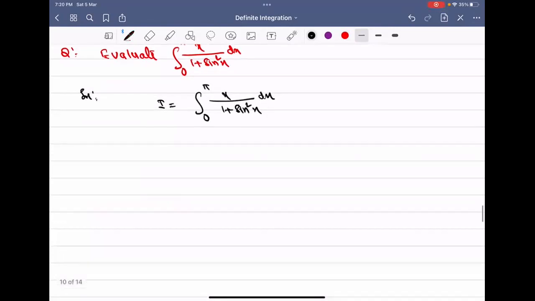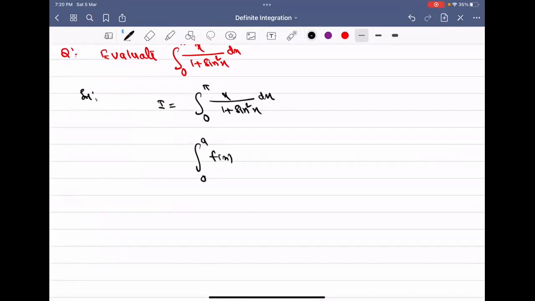Now again here also use this result, integration of 0 to a f of x dx is equal to integration of 0 to a f of a minus x dx.